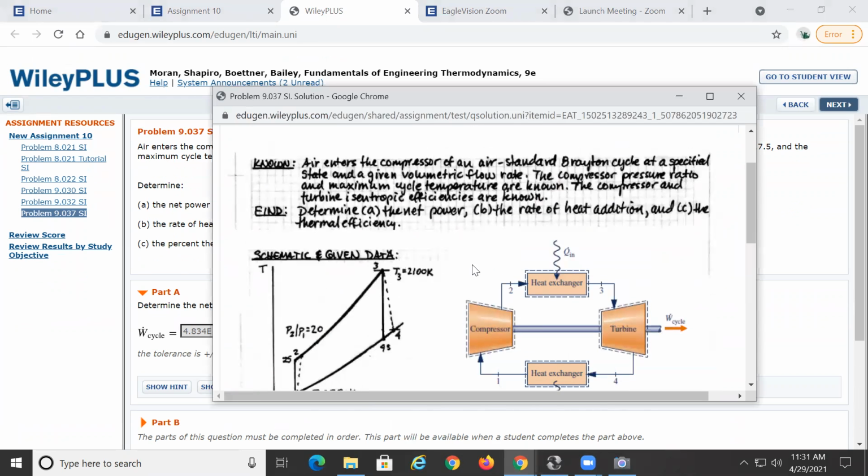I think last time they had, you see, 2100 for the T3, no? Probably they were seeing the highest temperature was T3. So why is T3 the highest temperature? If you look at this figure, what's happening here? You go to the compressor, what's going to happen on the heat exchanger? You heat the substance that is going through, no? Okay, so T3 should be the hot temperature. So we know T3.